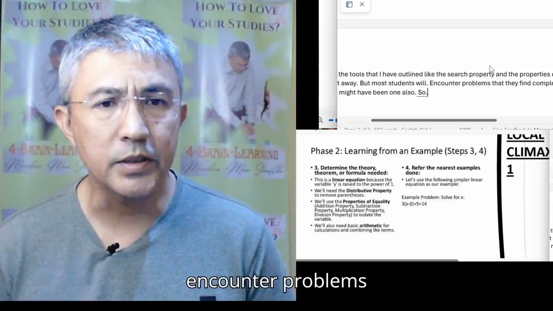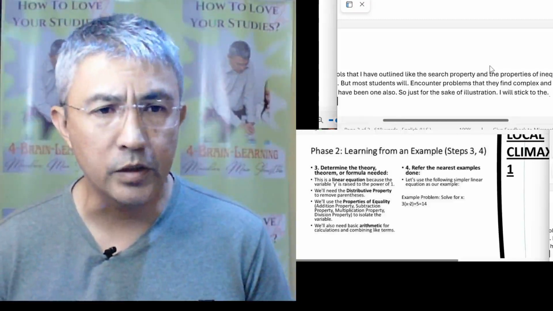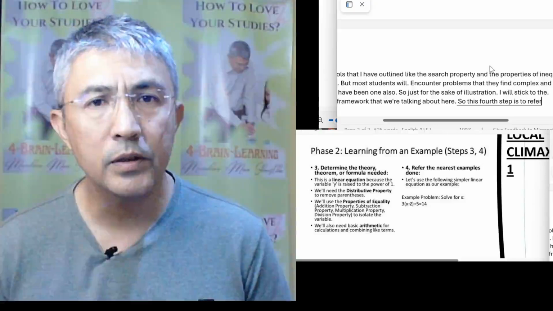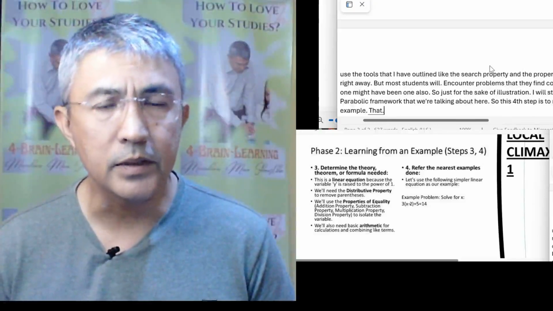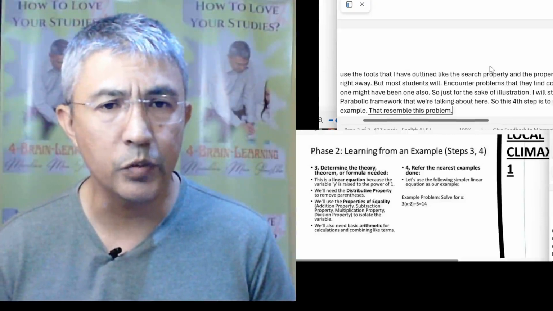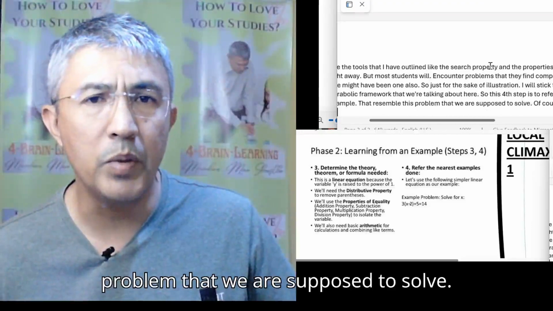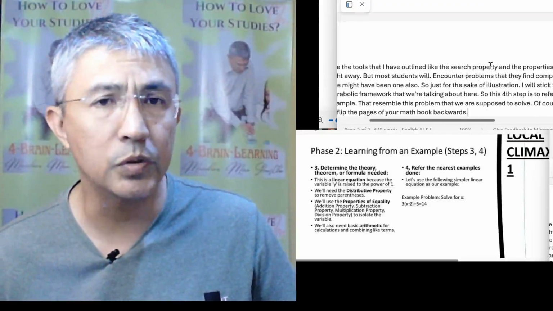So, just for the sake of illustration, I will stick to the parabolic framework that we're talking about here. So, this fourth step is to refer to the nearest example that resembles the problem that we are supposed to solve. Of course, you'd have to flip the pages of your math book backwards in order to find this problem.